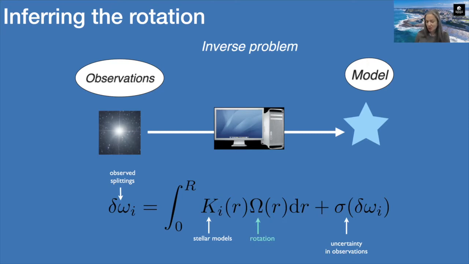We get these kernels from stellar models as a function of density and rotation, and density and pressure and so on. And of course, the rotation as a function of radius, which is what we want to constrain, as well as the uncertainties. And these uncertainties are what we really want to reduce.